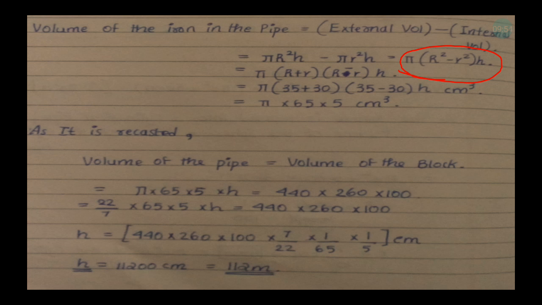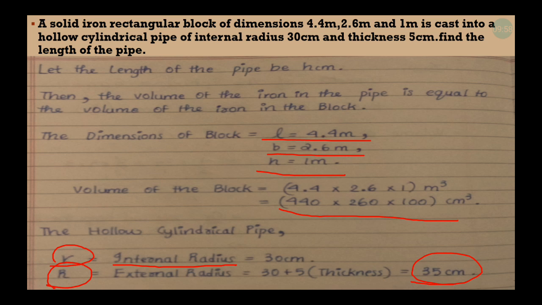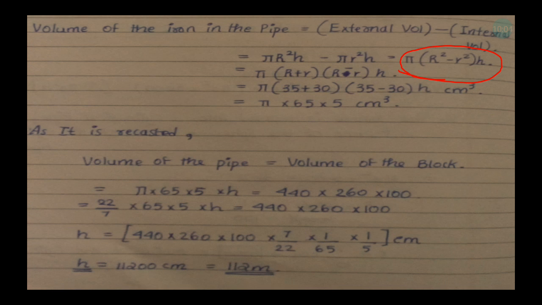Now in the question you can see one thing. They have mentioned it is recasted. So volume of the pipe is nothing but volume of the block. So what is the volume of the pipe? Pi into 65 into 5 into h, which is equal to 440 into 260 into 100. So what is the h value we are going to find here?